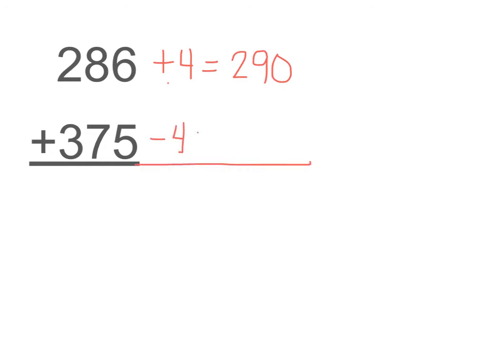All right, I'm going to do this problem with 2 steps again, because some of you still need practice. So 286 plus 4 equals 290. Well, if I add 4, I have to subtract 4. So 375 minus 4 equals 371. Well, if you look at this, this is still a super hard problem.